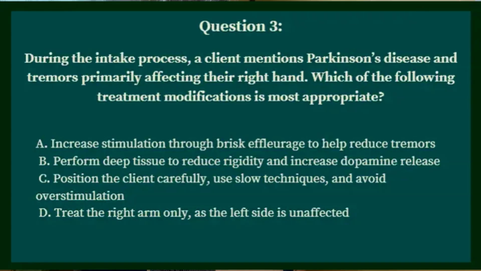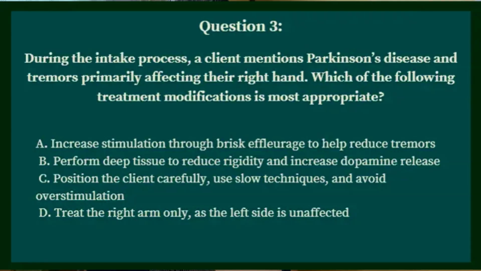A, increase stimulation through brisk effleurage to help reduce the tremors. Now, what did we talk about with Parkinson's disease before? We were talking about making them comfortable and soothing them. We want to increase dopamine, not increase stress, right? B, perform deep tissue to reduce rigidity and increase dopamine release. Yeah, I don't think so.